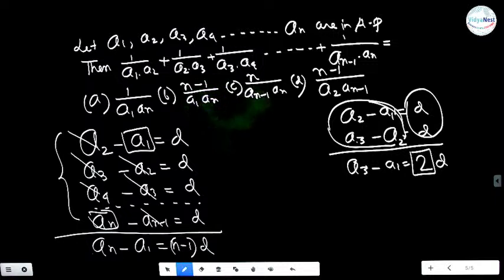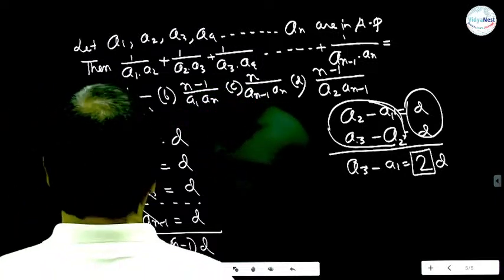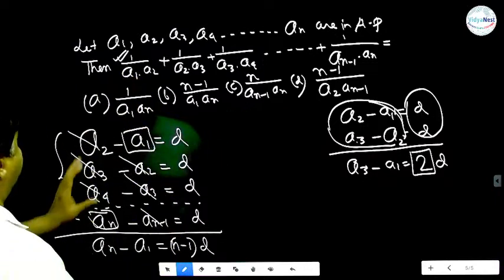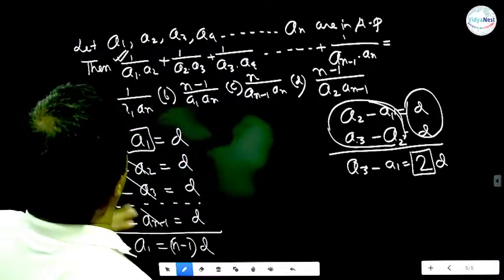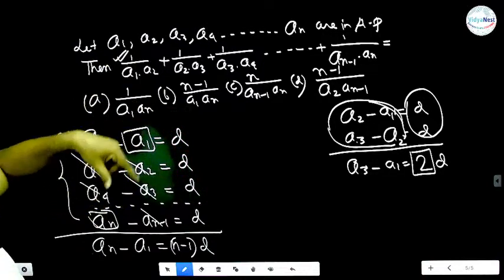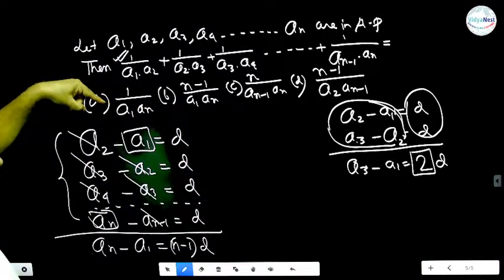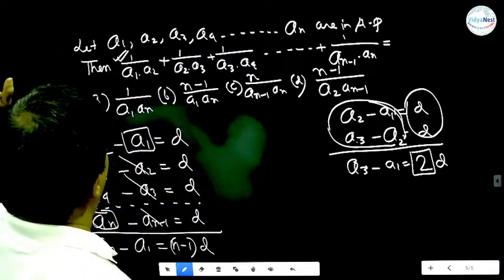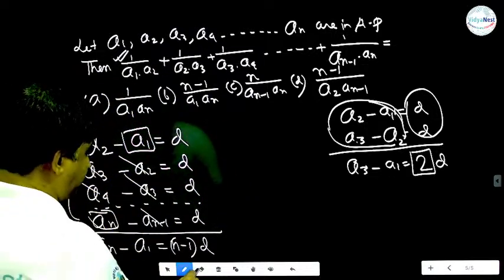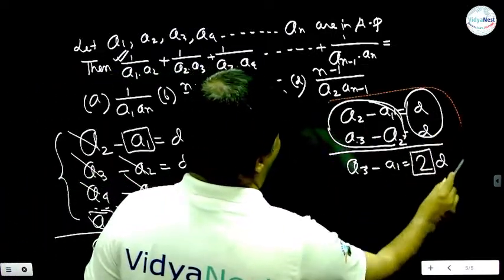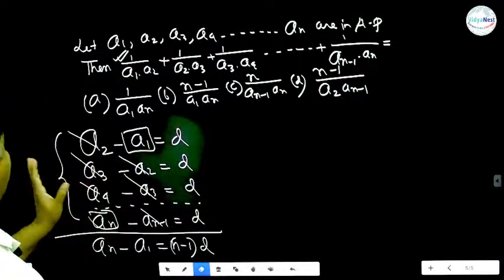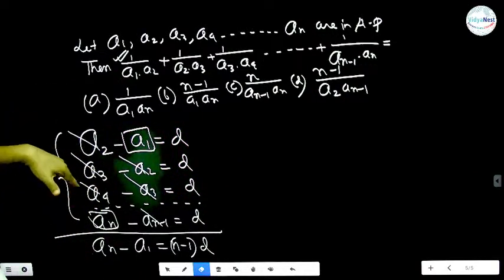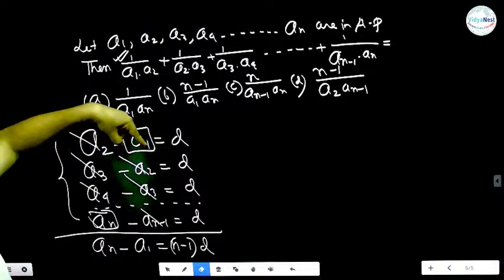But still the requirement of that expression, 1 by A1 A2 plus 1 by A2 A3, is not coming. You observe here I wrote the order in this way, that A2 is greater than A1.